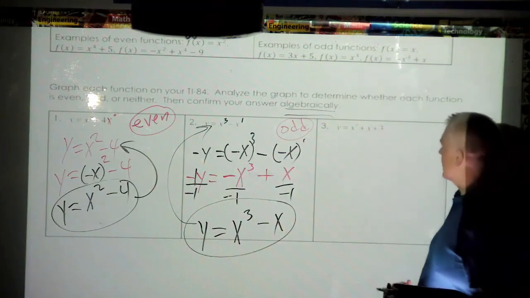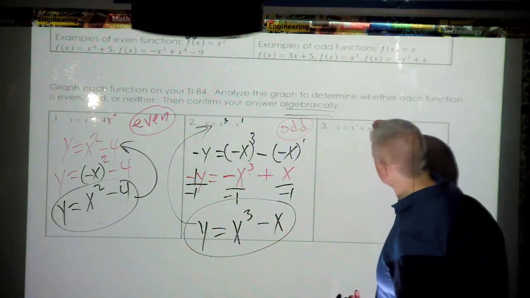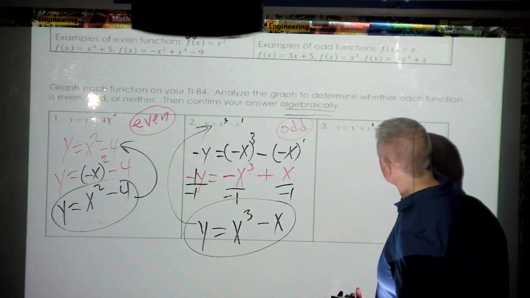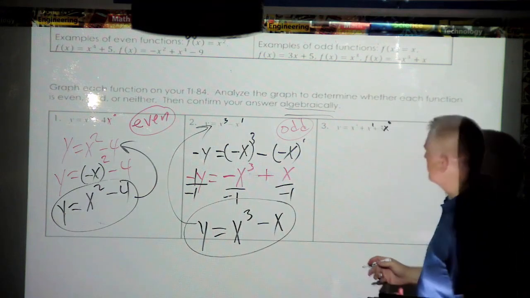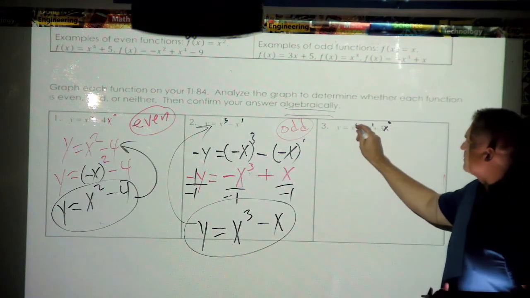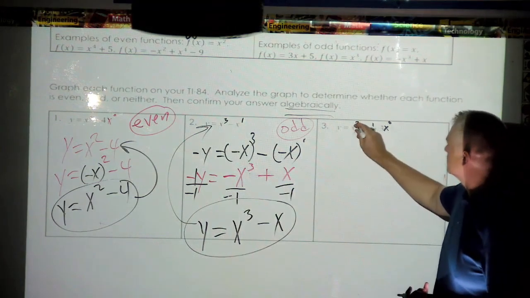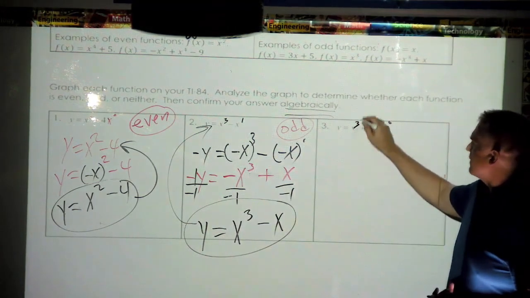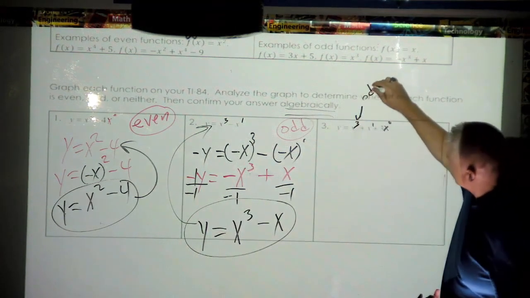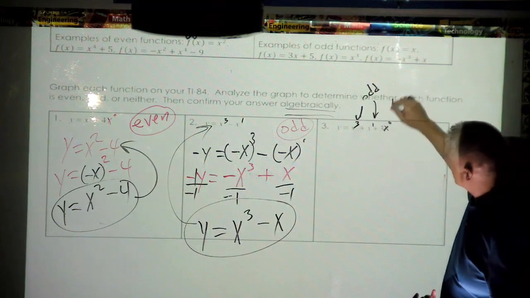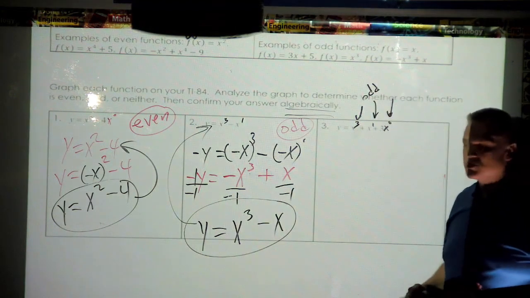This last one here: x to the fourth, x to the first, 3, x to the 0. That's a 4, that's even. Excuse me, I'm sorry, that's a 3 in the worksheet. That's even, that's odd. That's odd. X to the 0, that's even.